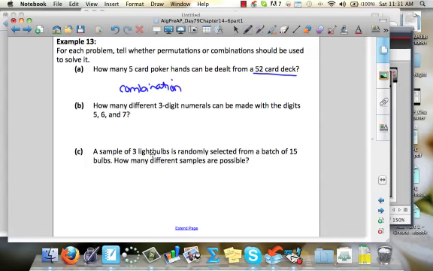Okay. Letter B, how many different 3-digit numerals can be made with the digits 5, 6, and 7? Well, when we're talking about numbers, order matters because 567 is really not equal to 765. So that means order matters. So this is a permutation.